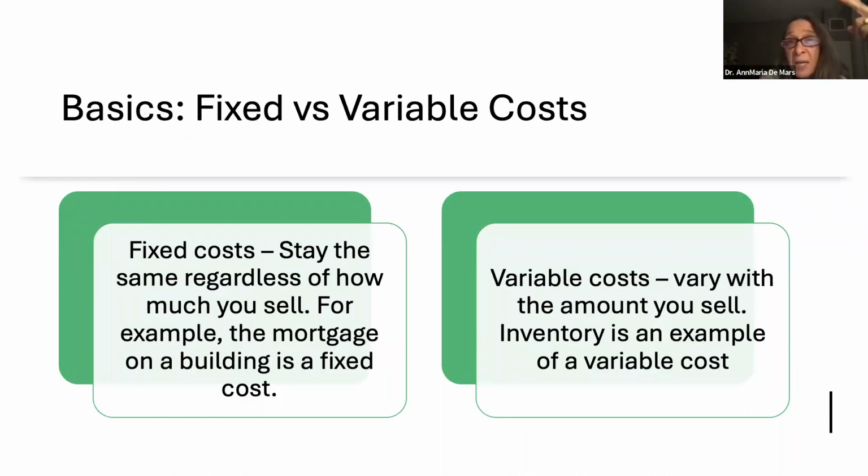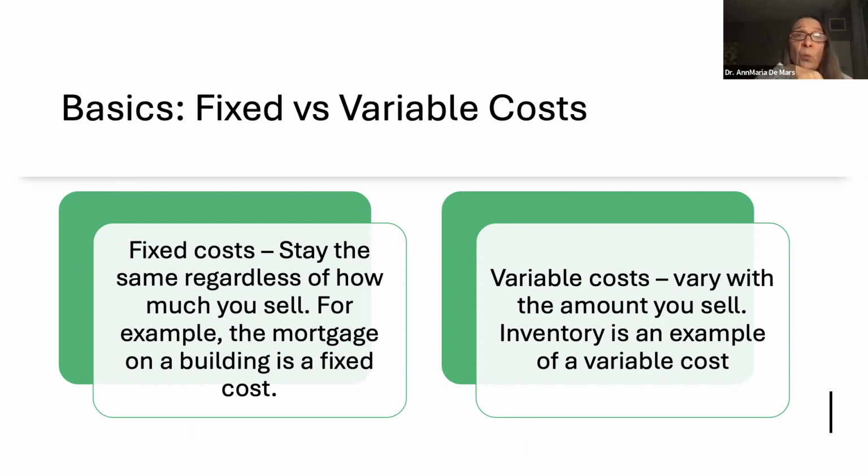You're going to have two types of costs, fixed cost and variable cost. Now, it's not exactly that way because some things kind of overlap, but basically fixed cost stays the same regardless of how much you sell. You know, your mortgage on a building is a fixed cost. You pay that mortgage every month, and if you don't sell anything or you sell $10 million of whatever, you're still paying the same mortgage.